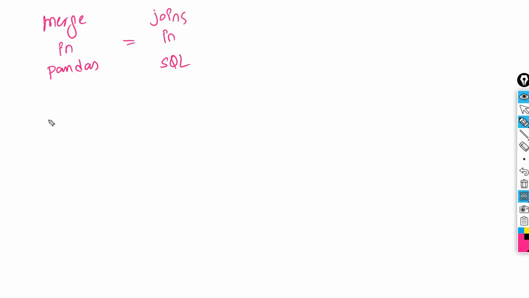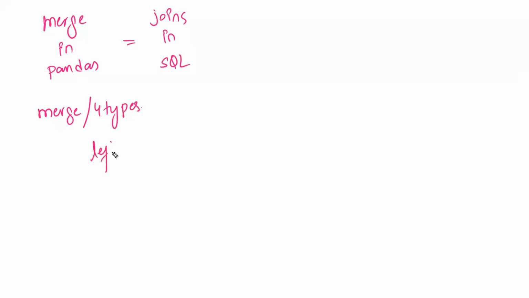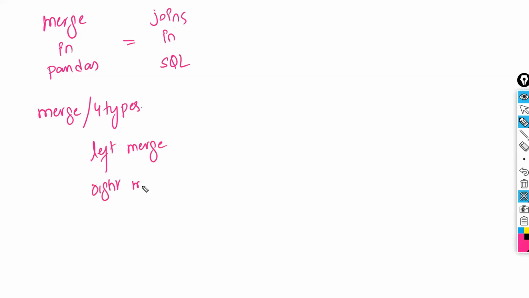So here we have merge of 4 different types, or joins also. The 4 types are left merge, right merge, inner merge, and outer merge. Total 4: left, right, inner, and outer.